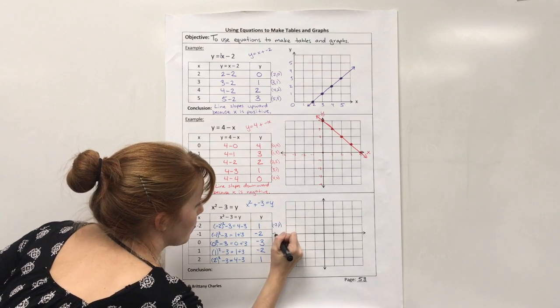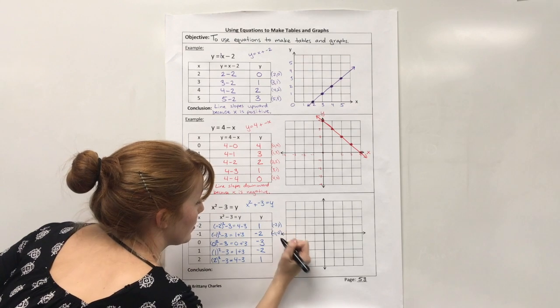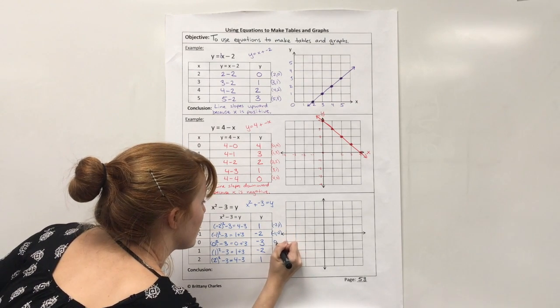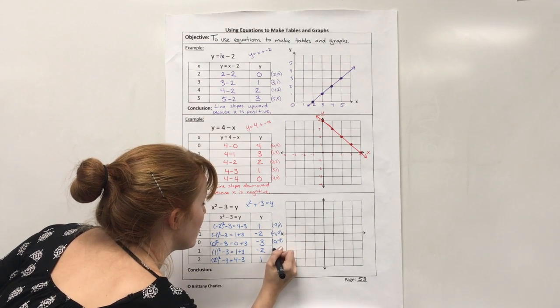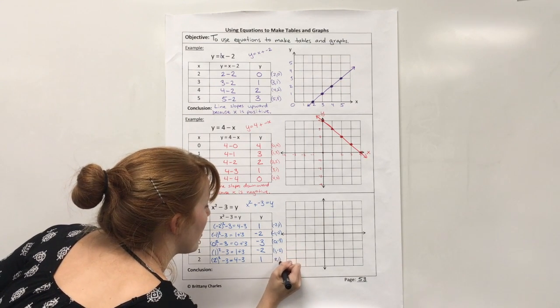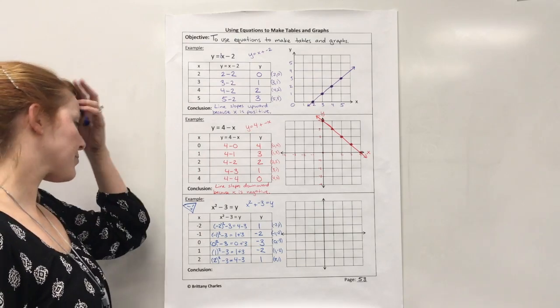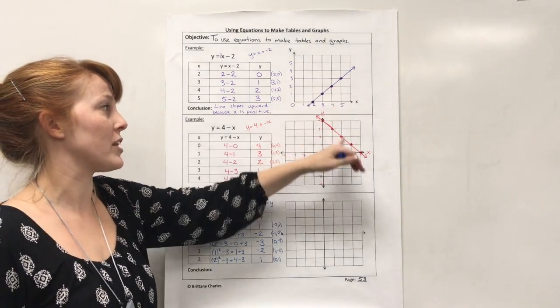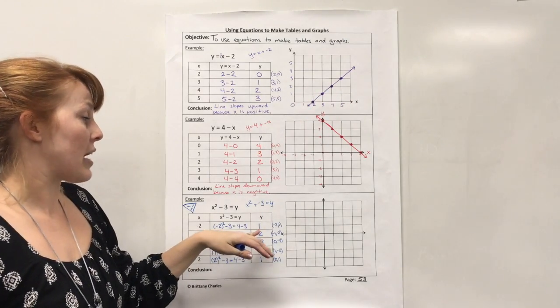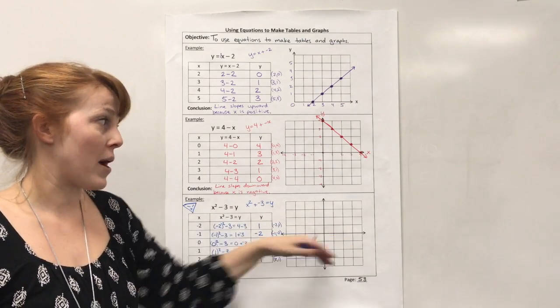Then I have (-1, -2). Then I have (0, -3). (1, -2). And (2, 1). All right. Now I can definitely tell I'm going to have more than just the first quadrant like I did for these. And I need to look and see, well, what should I count by? What's my scale?